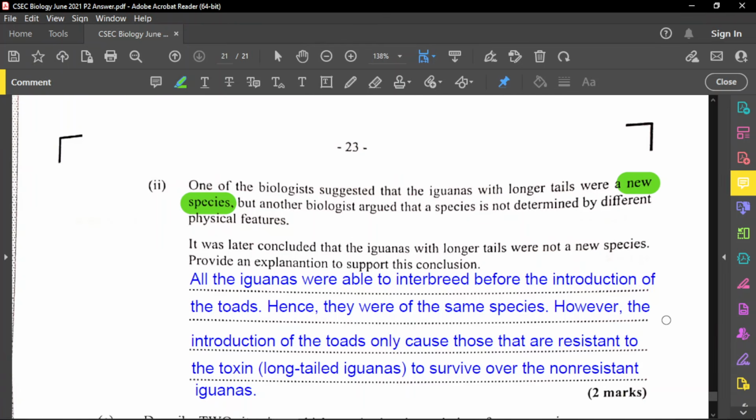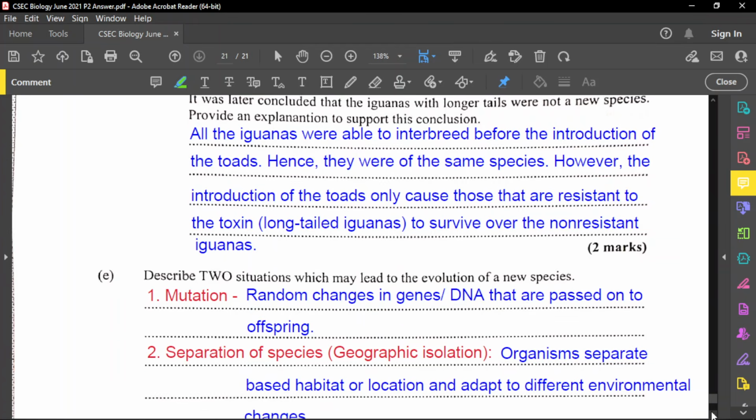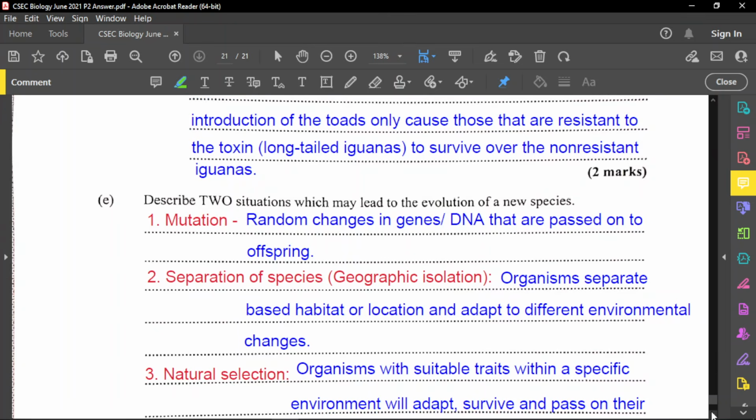So there's a number of ways you could explain it right here as well. So you can mention it in terms of the allele being recessive to begin with. So at the beginning, there were not a lot of long tails. However, recessive can now mate with recessive, and then you will see more of that trait present in the current population of iguanas.